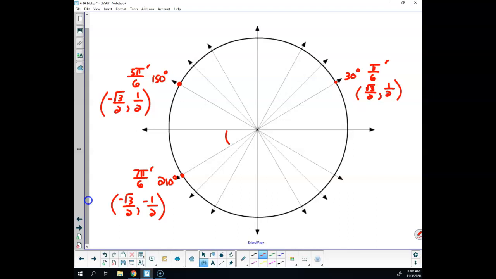And then the last one. X is positive, y is negative.